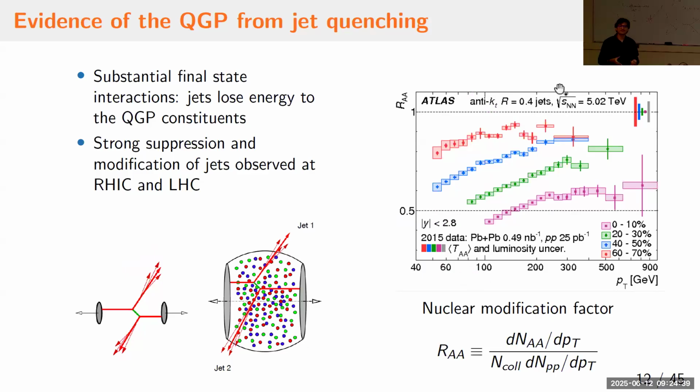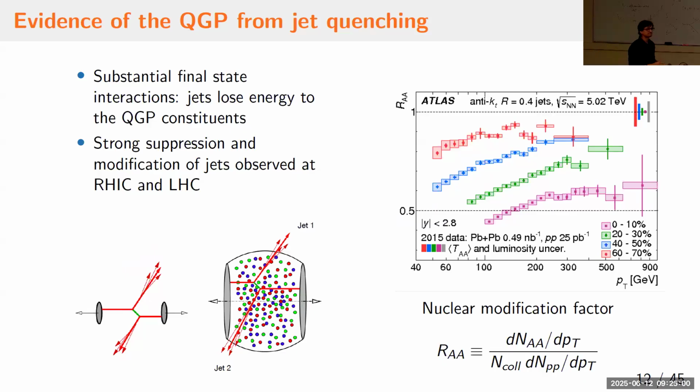Exactly, and you could connect this with other collision systems, like electron-ion collisions, to benchmark different types of interactions. So the strength of interaction is compatible with the interaction with a color system.